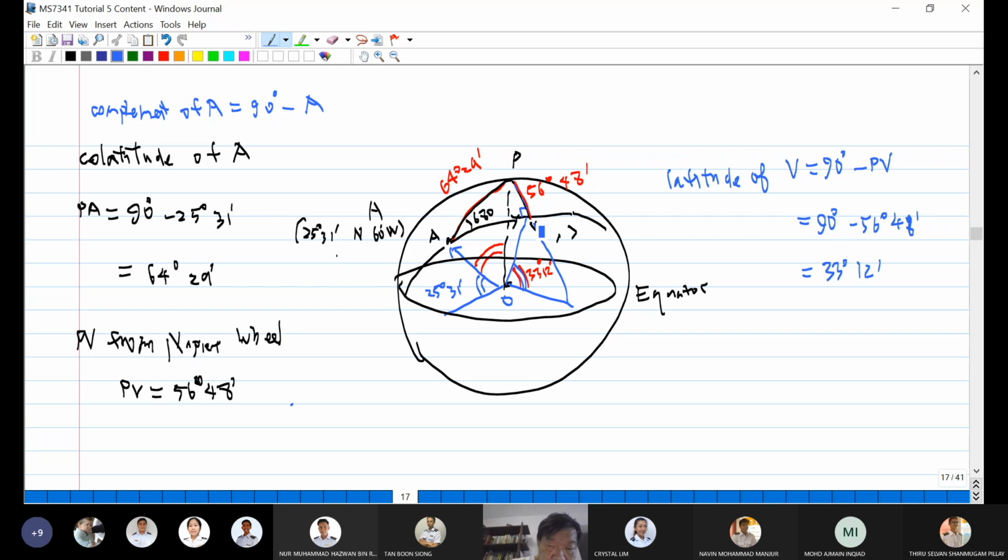From P go down to V, 56 degrees 48 minutes, so the difference gives you the latitude of V. Okay, I'll send this to you now, picture how everything is related.